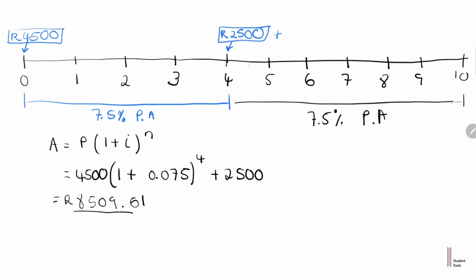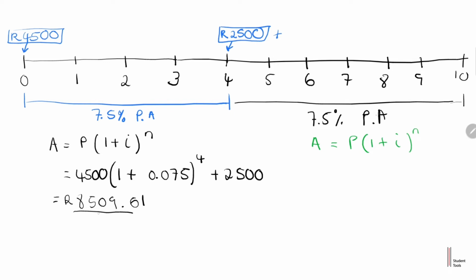So for how many years? 1, 2, 3, 4, 5, 6. So we will calculate the amount of interest that is accumulated within the 6-year period with an investment of 8,509 and 61 cents. So we'll use our compound interest formula, which is A equal to P(1 plus i) to the power n.